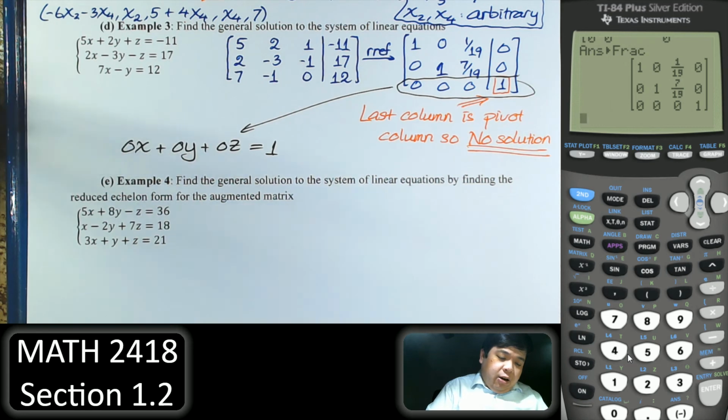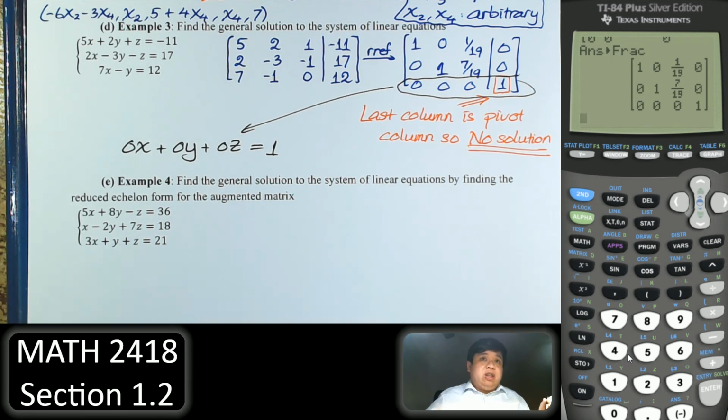Next, find a general solution to the linear equation by finding the reduced row echelon form. Alright, so we write this as the augmented matrix, turn it to reduced row echelon form, and we get a solution from there, right?